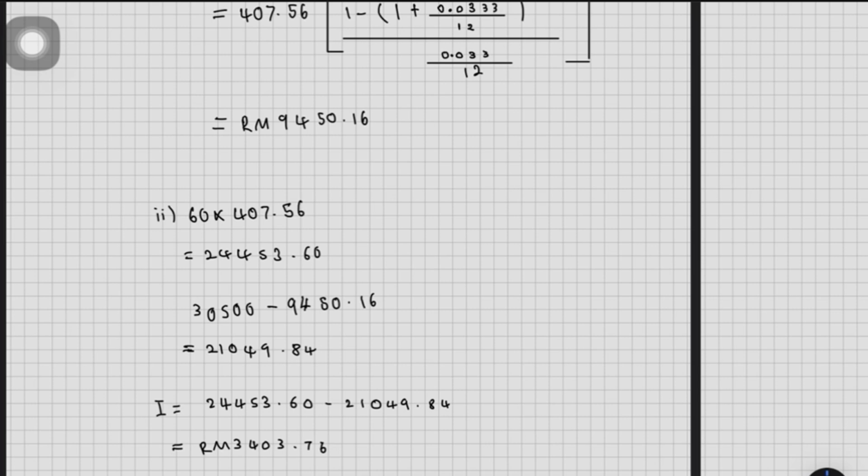Next, I calculate how much principal had been repaid, which is 30,500 ringgit minus 9,418 ringgit and 60 cents, which equals 21,081 ringgit and 40 cents. Finally, I find the total interest paid, which is 24,453 ringgit and 60 cents minus the principal repaid, which equals 3,403 ringgit and 76 cents.